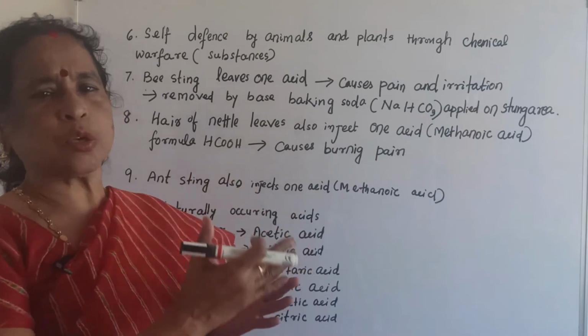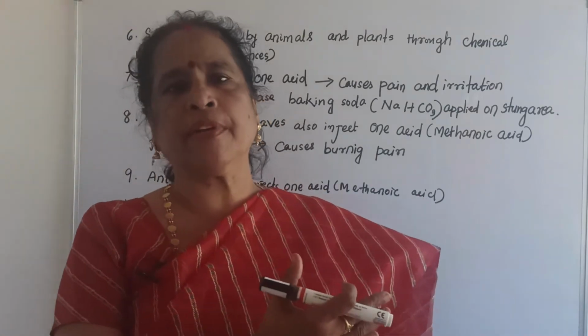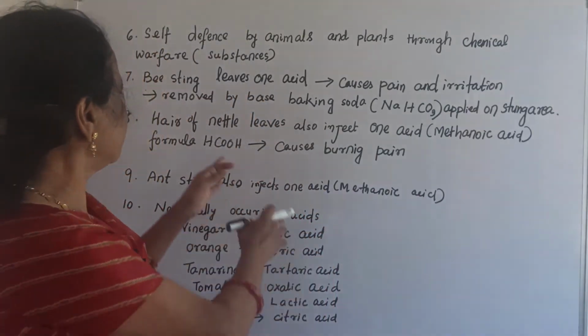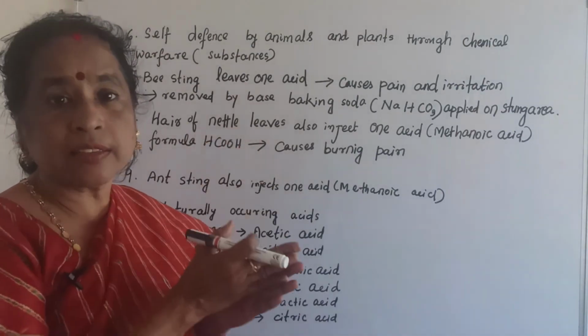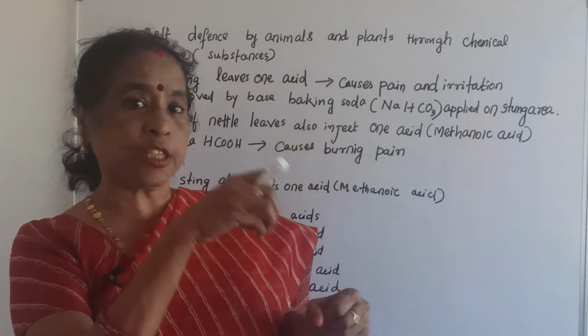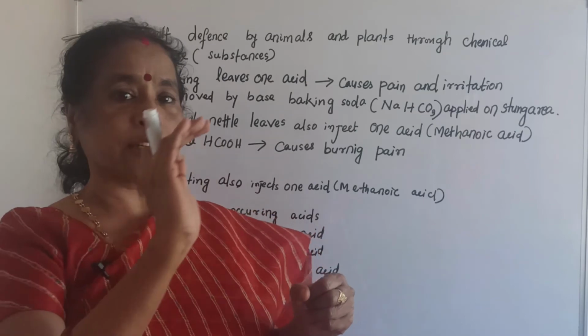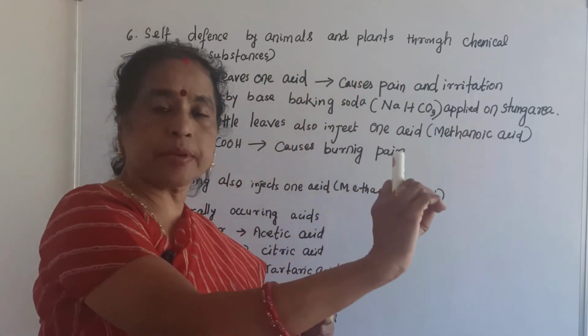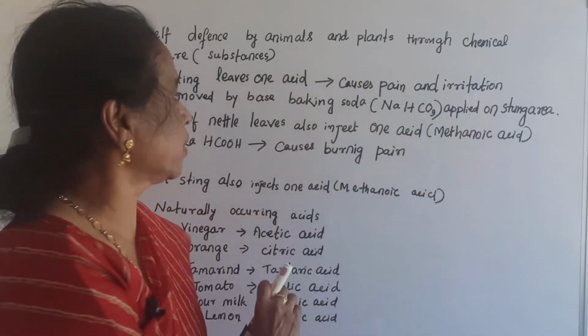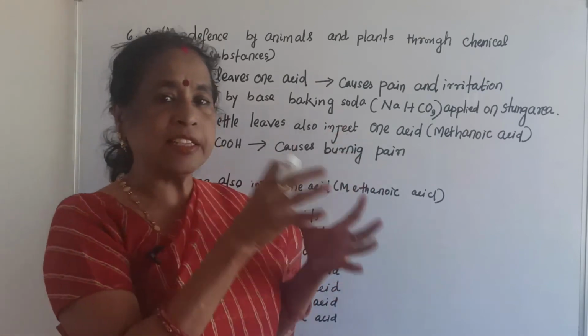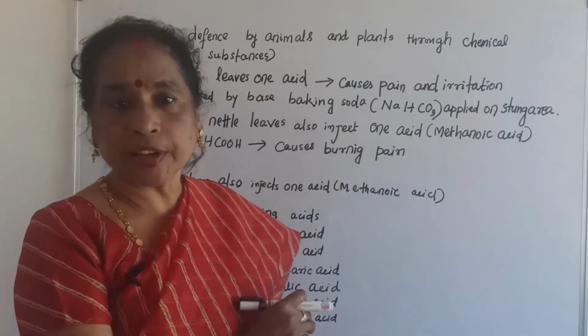Similarly, some plants also have chemical warfare, chemical substances. For example, nettle leaves have hairs, and when you touch the leaves of the nettle, what happens? The hairs inject one type of acid, that is methanoic acid.